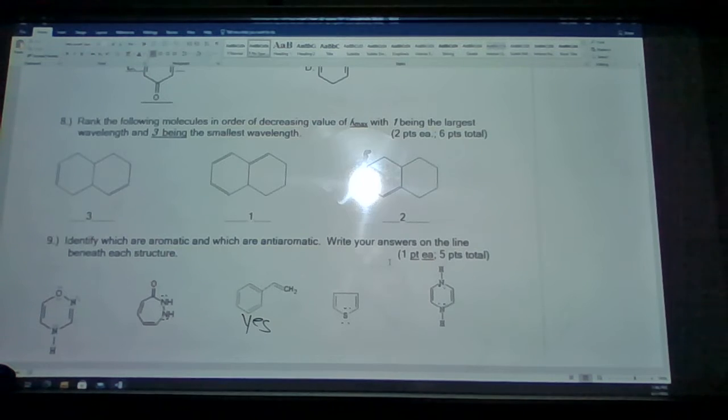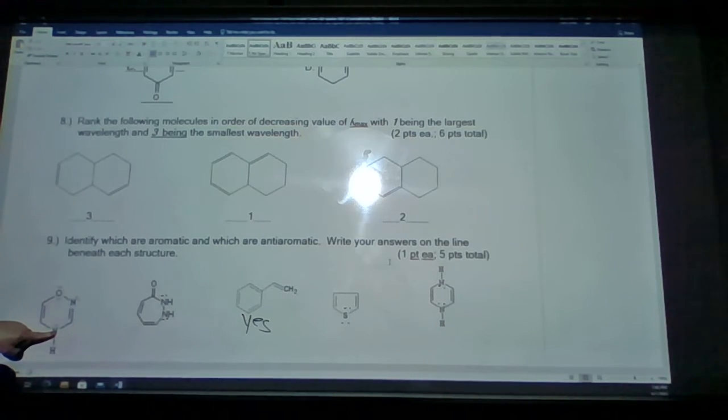Do we have every atom here involved in an sp2 kind of hybridization structure? No, we don't. Is that oxygen sp2 hybridized? No. Is that nitrogen sp2 hybridized? No. So this guy is not aromatic because this oxygen is not involved in an sp2 hybridization kind of structure.